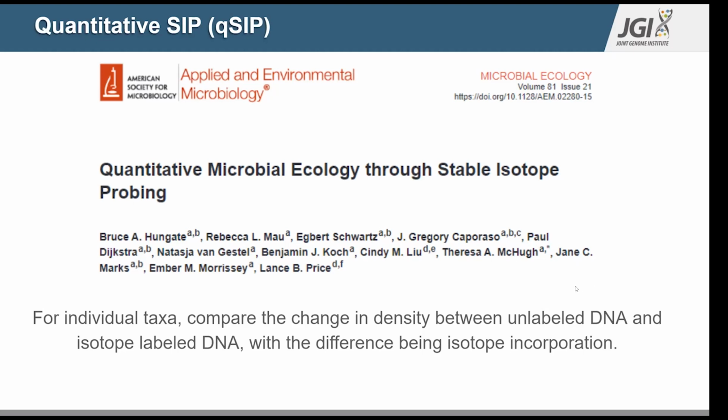And then the difference in the density between those DNA molecules is attributed to isotope incorporation. So DNA with more of the heavier isotope will be more dense, basically. And so we use this technique outlined in this paper and apply it to metagenome-assembled genomes.